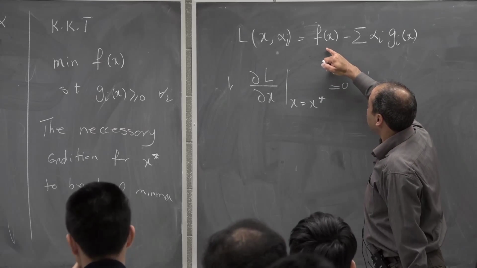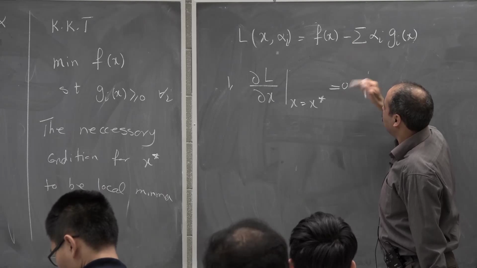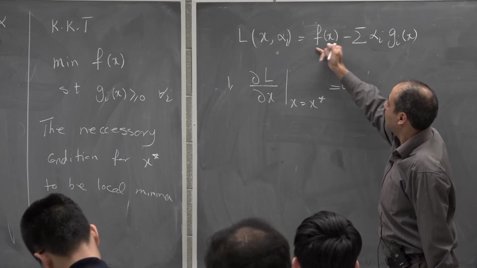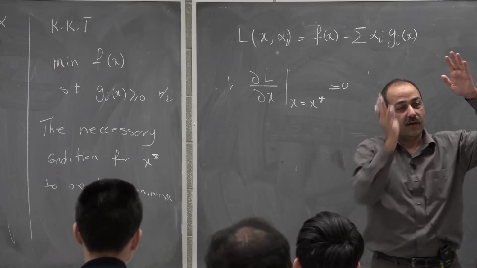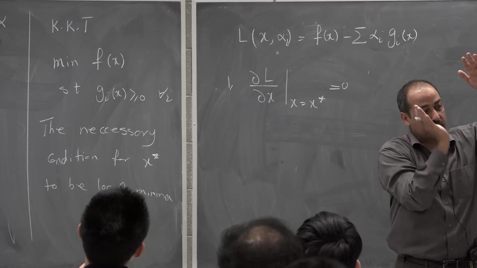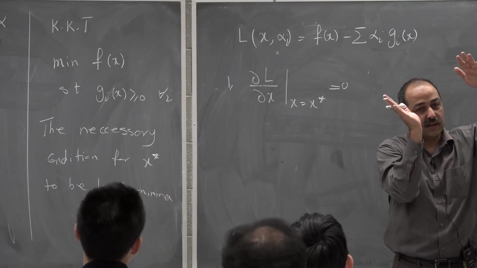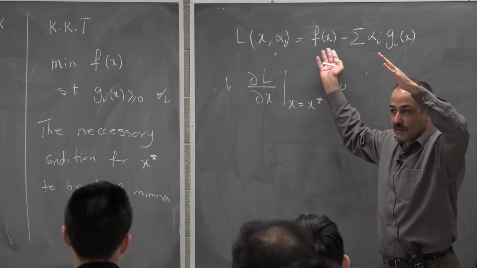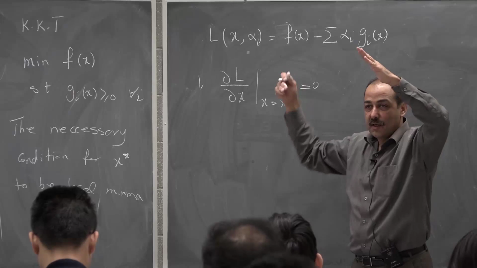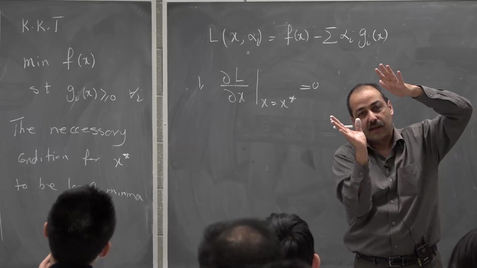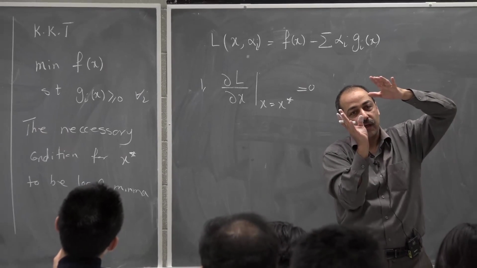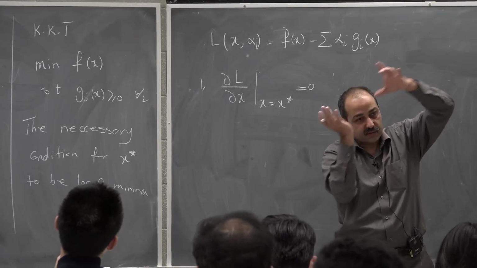So the derivative of the Lagrangian should be 0 at the optimal point. If it's 0, it means that the tangent of the constraint and the tangent of the function that you want to minimize are parallel to each other. It's a point where the constraint and the function can touch, but they don't cross.